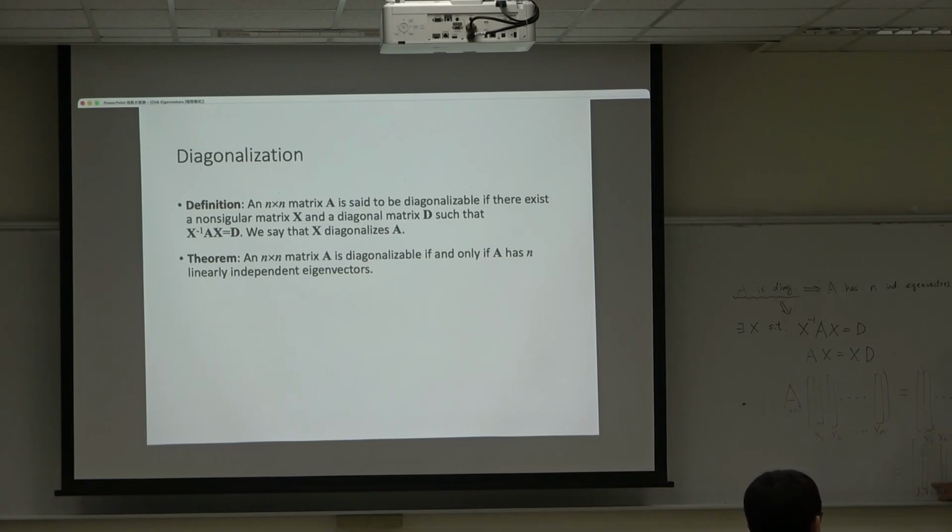If you still remember the elementary concept of matrix multiplication, it means A times the first column equals this first column, A times the second column equals the second column, and so on. So it tells you A times X1 equals D1 X1, A times X2 equals D2 X2, A times Xn equals Dn Xn.